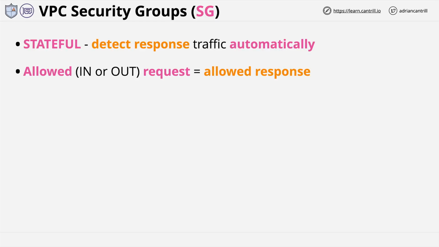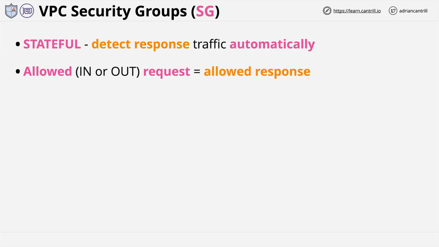It's all handled by the product. If you have a web server operating on TCP port 443 and you want to allow access from the public internet, then you will add an inbound security group rule allowing inbound traffic on TCP port 443, and the response, which is using ephemeral ports, is automatically allowed.